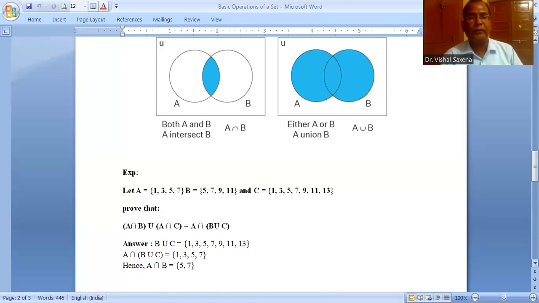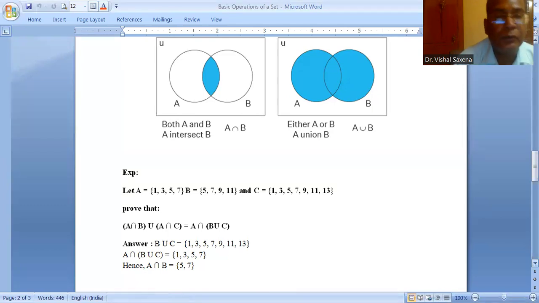Next one is A intersection B union C. In the set of B union C, we can see 3, 5, 7, 9, 11, and 13. So this is the set B union C, and set A is 1, 3, 5, and 7.